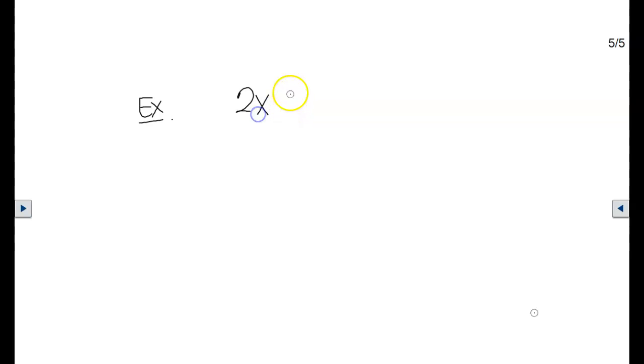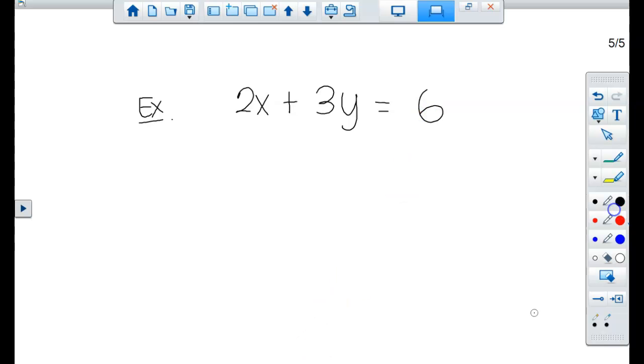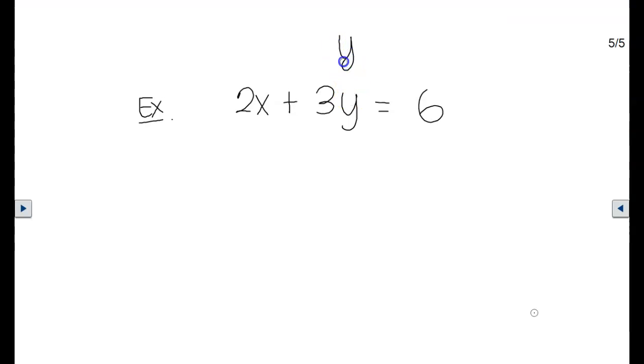So here is an example. All right, so I've got 2x plus 3y is equal to 6. So what I want to know is, is that a y equals mx plus b equation?